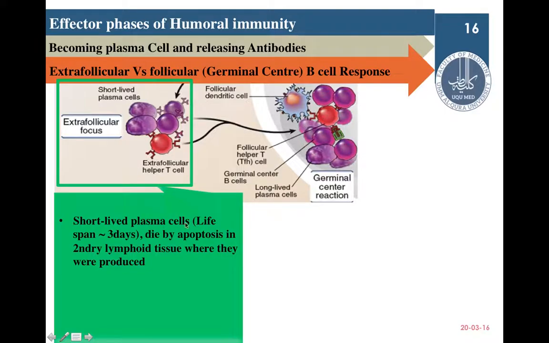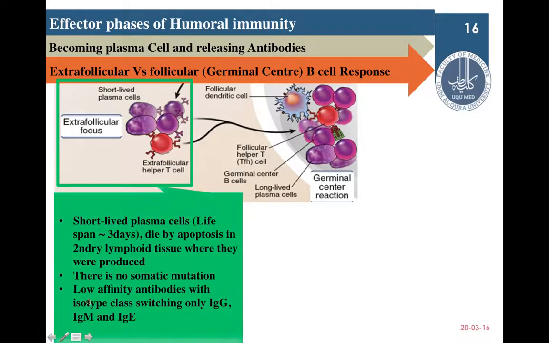The short-lived plasma cells have a lifespan of 3 days, and they die by apoptosis in the secondary lymphoid tissue where they were produced. There is no somatic mutation, and hence the antibodies are low affinity and not much class switched. So you may find IgG, IgM and IgE antibodies.